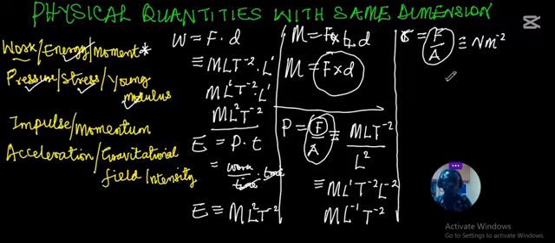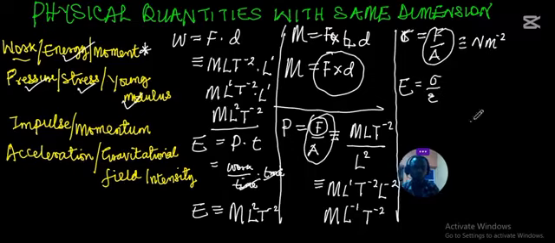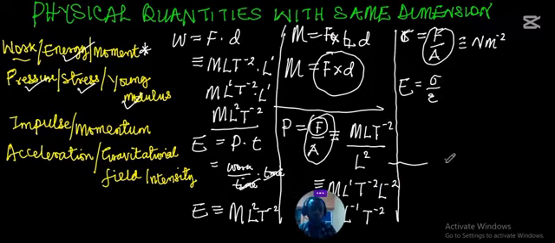Now the next is Young modulus. Young modulus E is given as stress sigma over strain epsilon. The dimension for stress is already given as that of pressure, so this is equivalent to the dimension for pressure, which is ML^-1T^-2.